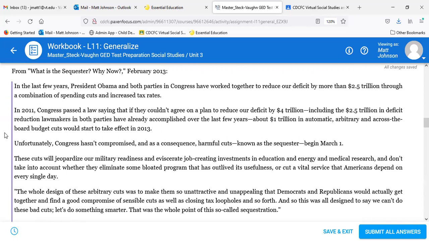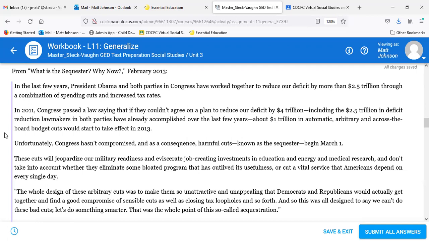$2.5 trillion in deficit reduction, lawmakers in both parties have already accomplished over the last few years about $1 trillion in automatic, arbitrary, and across the broad budget cuts could start to take effect in 2013.